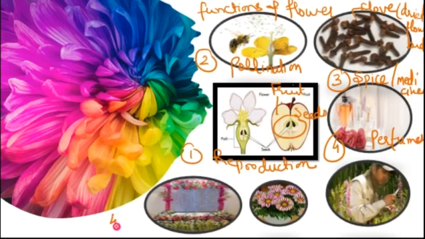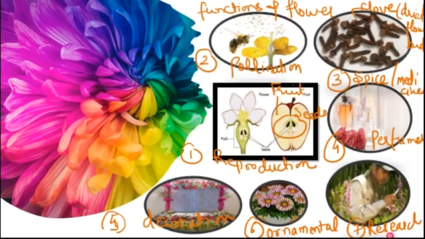Next, in many cases flowers are used in decoration during birthday parties, in marriage halls, and banquet halls. They are also used as ornamental flowers in decorating homes, and also used in research work.